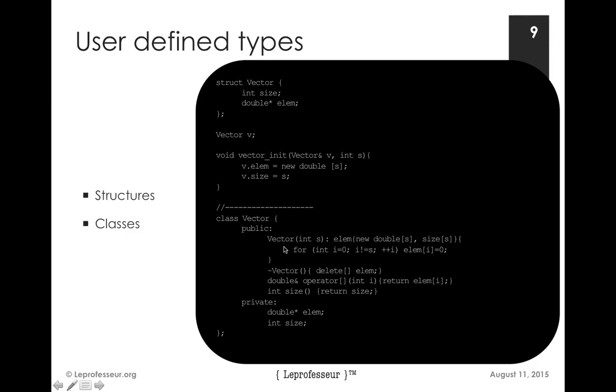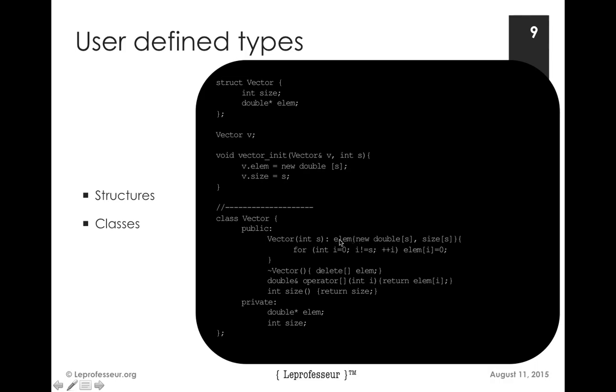Constructor is nothing but when an object of this class type, the Vector type, is created, this function will automatically be executed, and will create the objects or elements and hold the memory. The idea here is to construct the object.